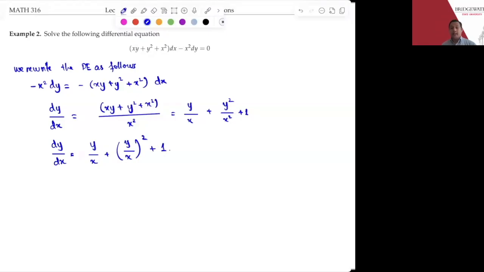So the right-hand side of the given differential equation can be written as a function in terms of y over x only.